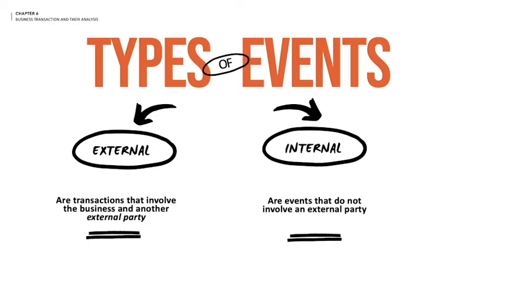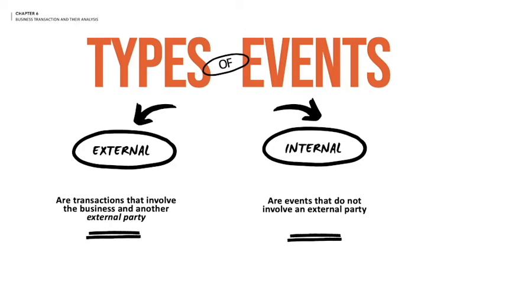External, for example, the company sold goods to a customer. The customer is an external party. There is an external party involved in the transaction. Let's say we borrow money from the bank. The bank is an external party, so it is an external transaction or external event. Clear?